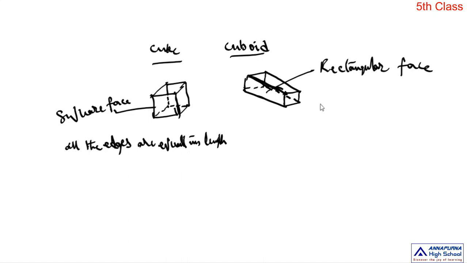I am explaining to you. In the cuboid, all the edges are not equal in length. Here this edge is not equal to this edge, and this edge is not equal to this edge. All the edges are not equal in length.